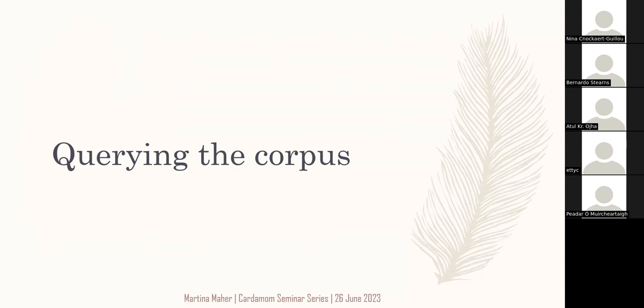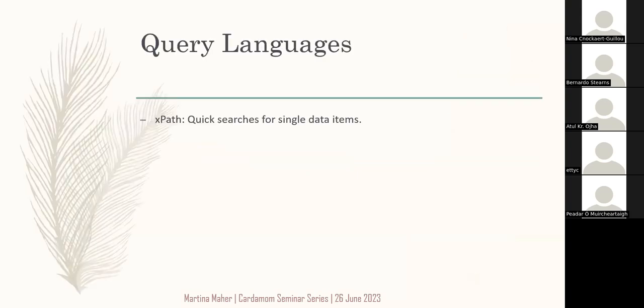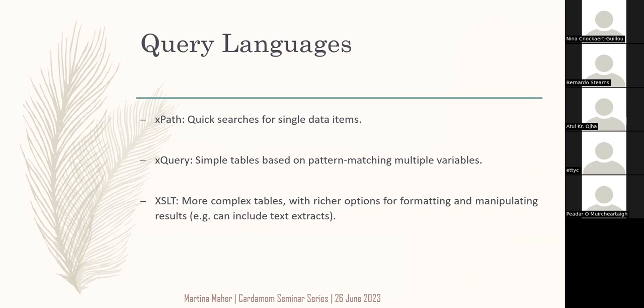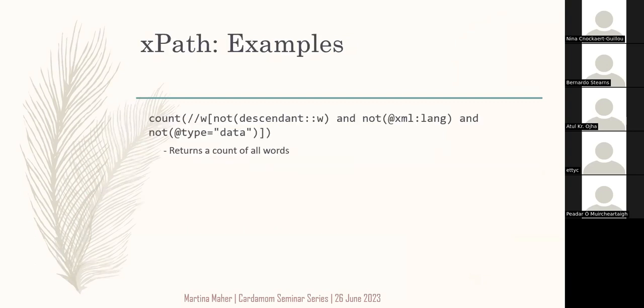And it also means that we can write our own customized queries for our transcriptions if we want to check them, look up something, or analyze something and investigate that more closely. So to investigate the corpus in different ways, we use XPath, XQuery, and XSLT.